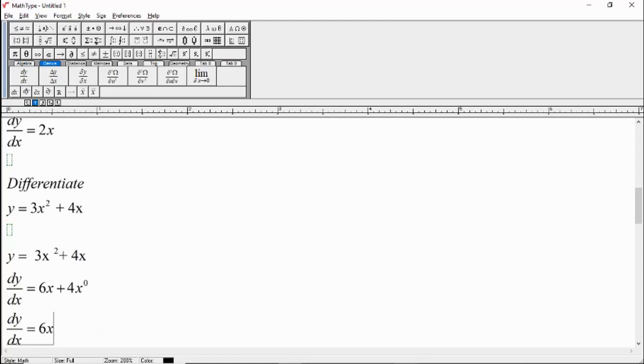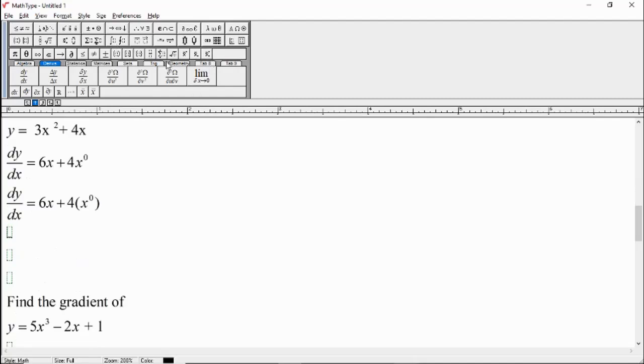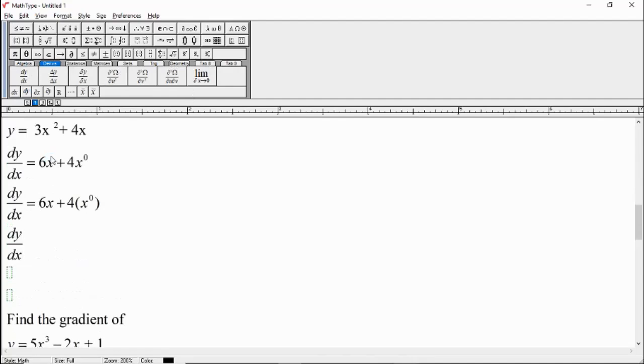So therefore 6x plus 4 bracket x to the power of 1, x to the power of 0 is equal to 6x plus 4 multiplied by 1, which is 6x plus 4.